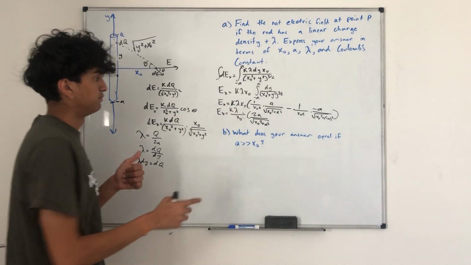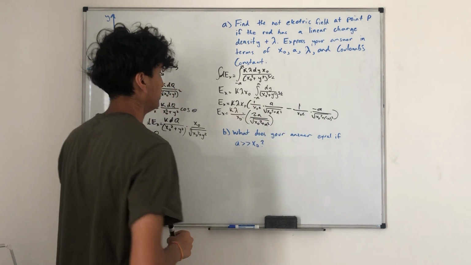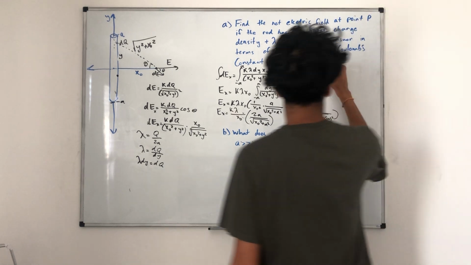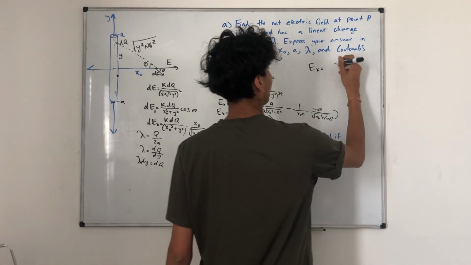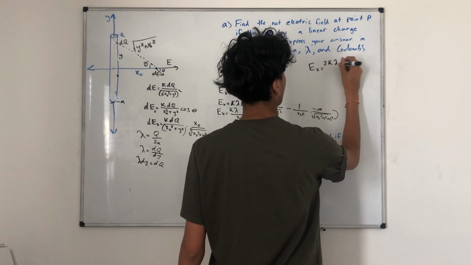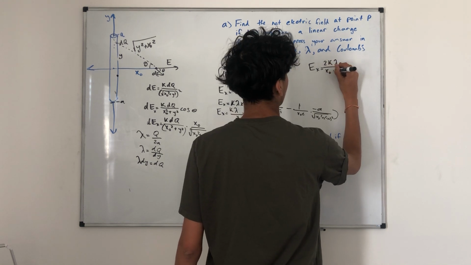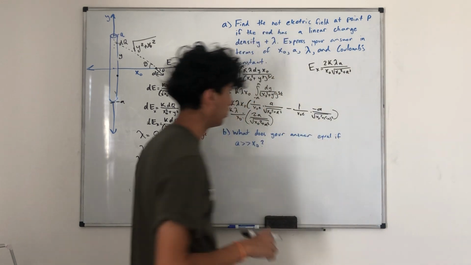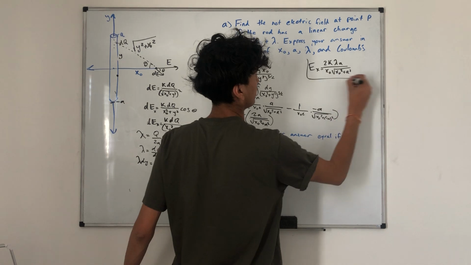So that's pretty cool. And our final answer is E_x equals 2k lambda a over x naught square root of x naught squared plus a squared. So now we can box that.